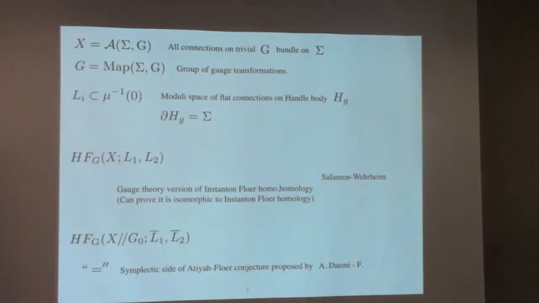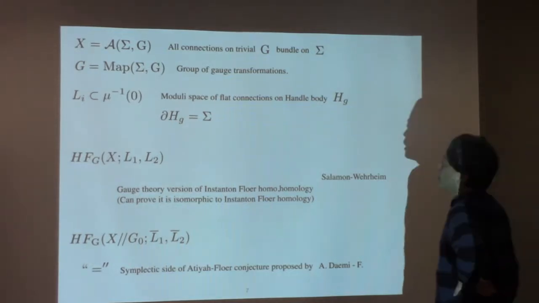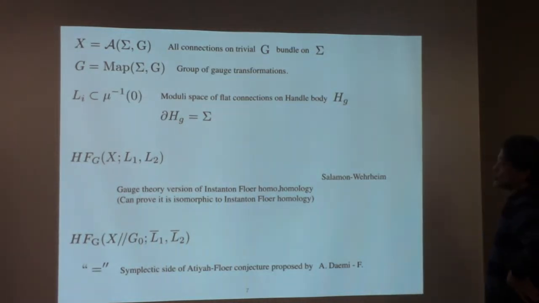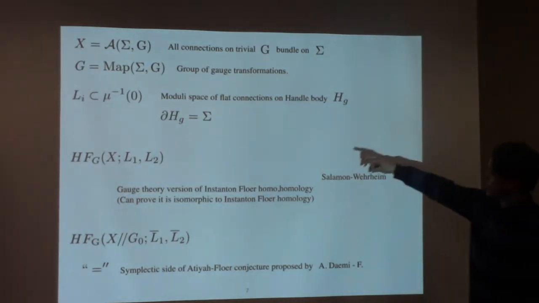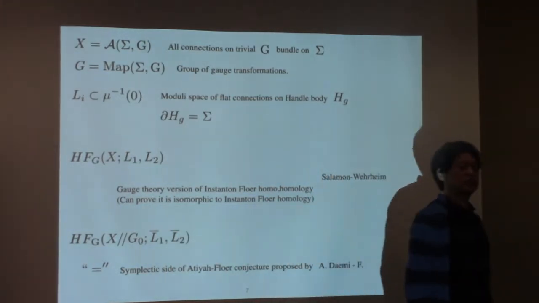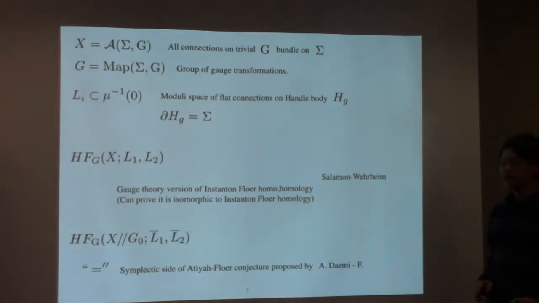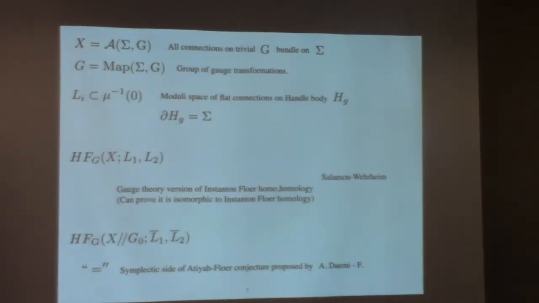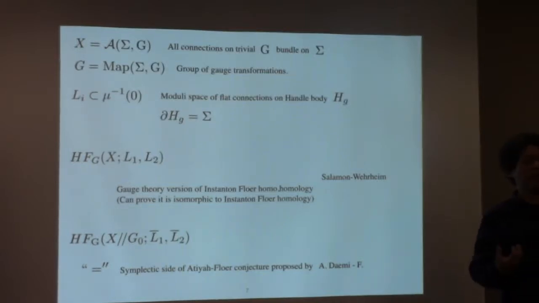So now I want to consider the situation. This is a kind of gauge theory. So we consider this symplectic quotient by G_0. I will explain what it is. And then you consider this Lagrangian submanifold. What's nice is that this symplectic quotient X divided by G_0 is a smooth symplectic manifold.